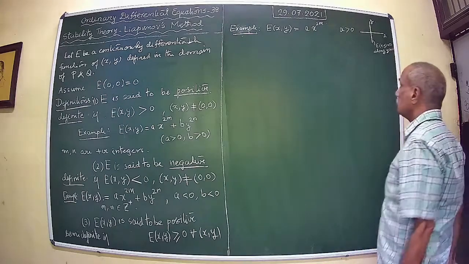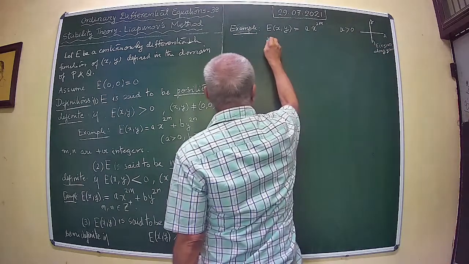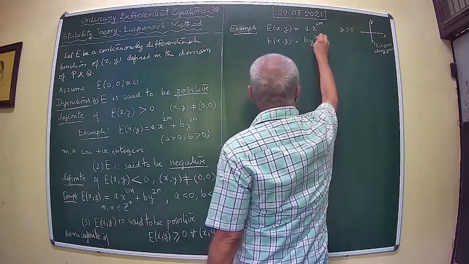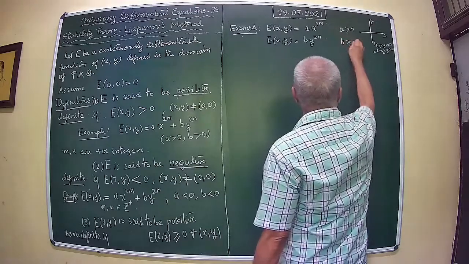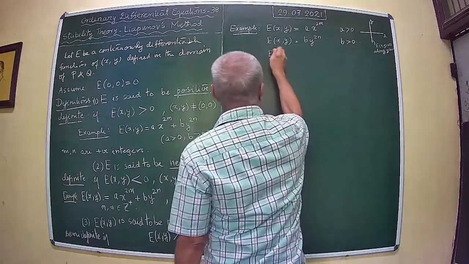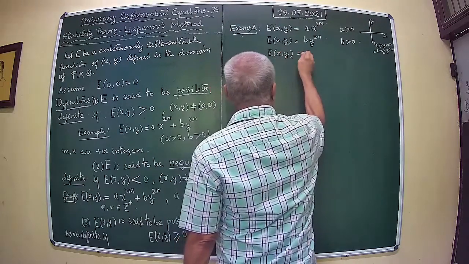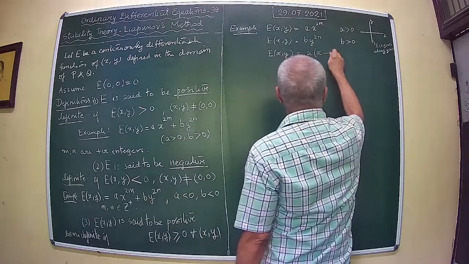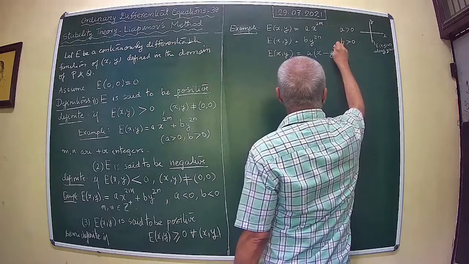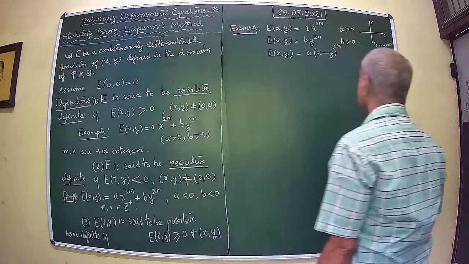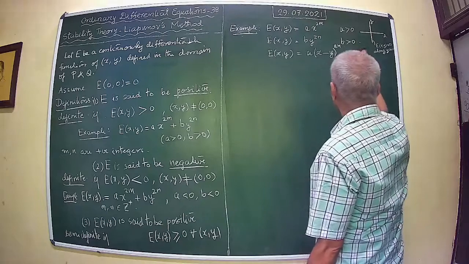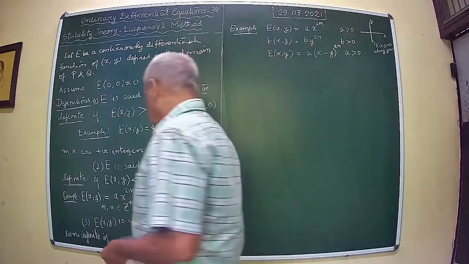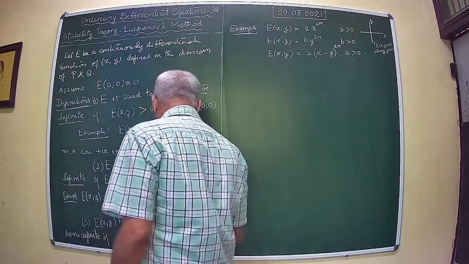Okay, or this one, or this one, where A is positive. All these are examples of positive semi-definite functions.